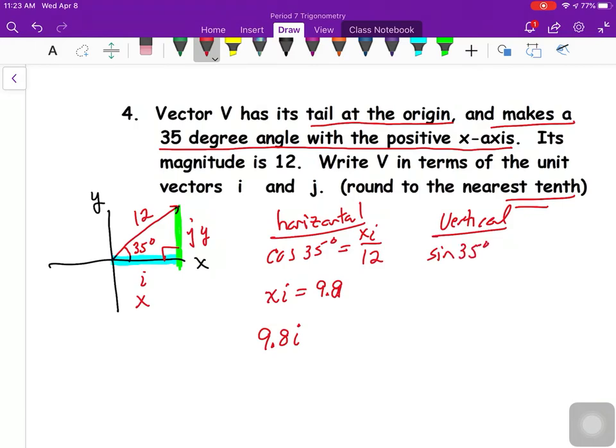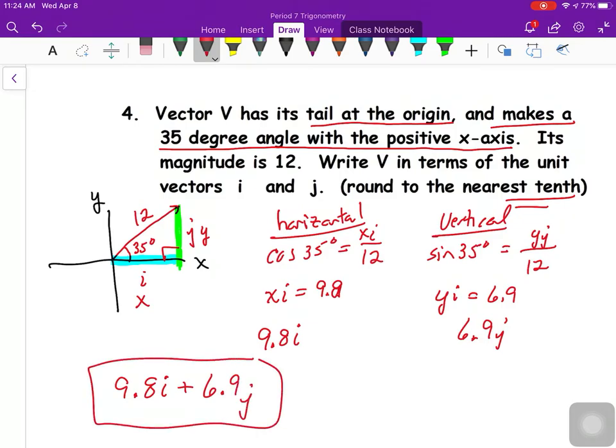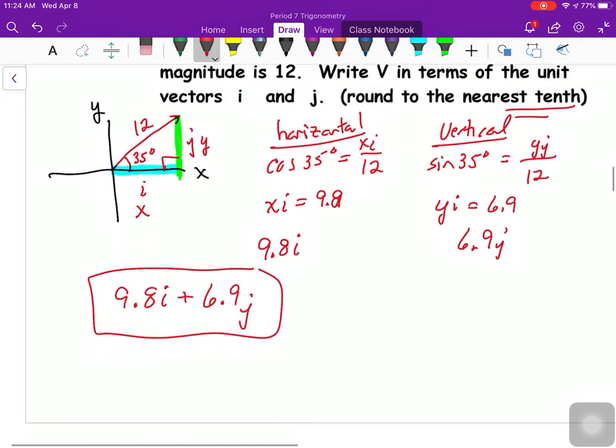So I have 9.8i. And the vertical, which again is sometimes just called the y, I could find by using sine. Sine of 35 would be equal to y over 12. So the y is 12 times sine of 35, 6.9. So I have 6.9j. So my answer would be 9.8i plus 6.9j.